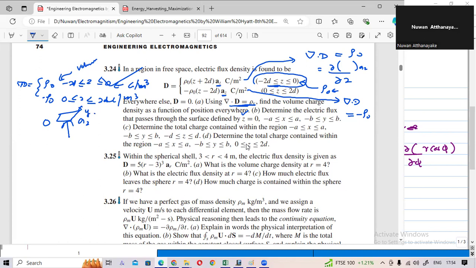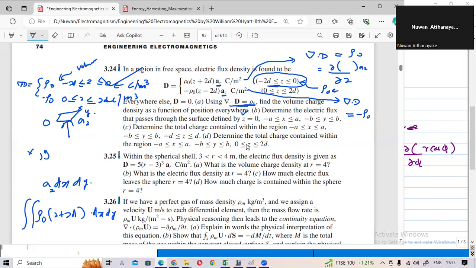Okay. So you have to evaluate the surface integration in the XY plane. Okay. That means dx dy. So by default, you will have AZ. Okay. So AZ is multiplied by this one. You will have only rho naught Z plus 2D. Then you have to evaluate dx dy. Okay. So the appropriate x and y limits are there.